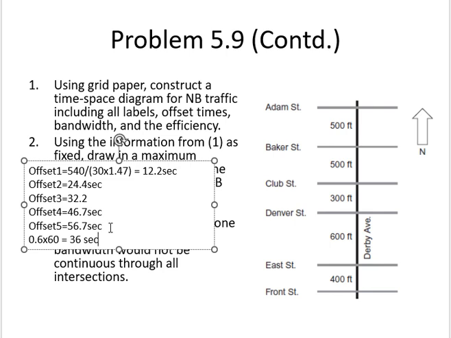Now phase time includes three things: green plus yellow plus all red. So this 36 seconds includes green, yellow and all red.